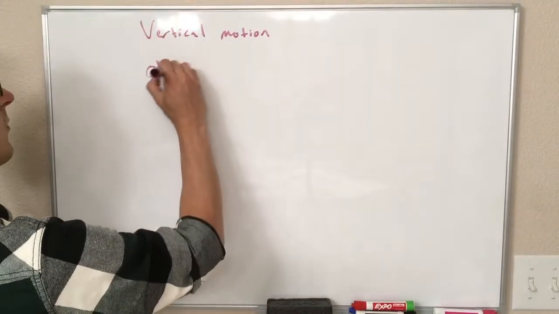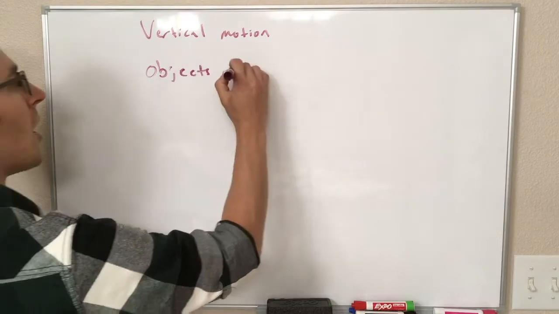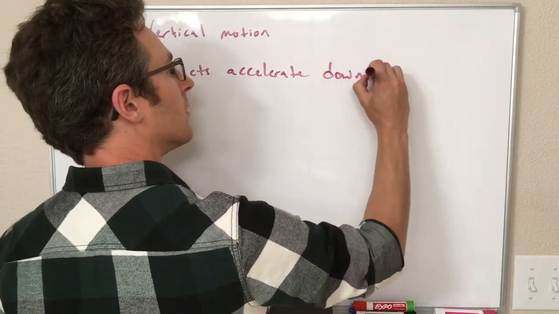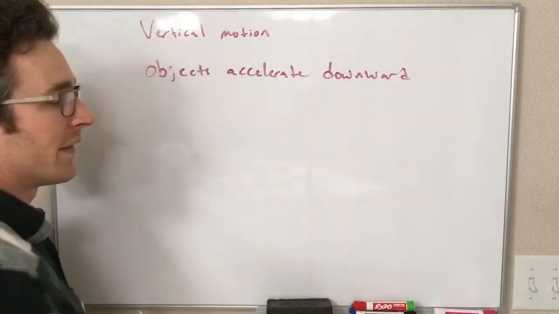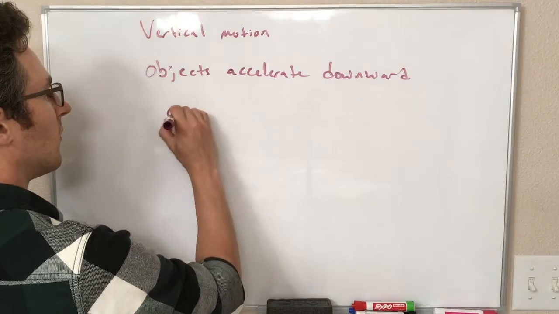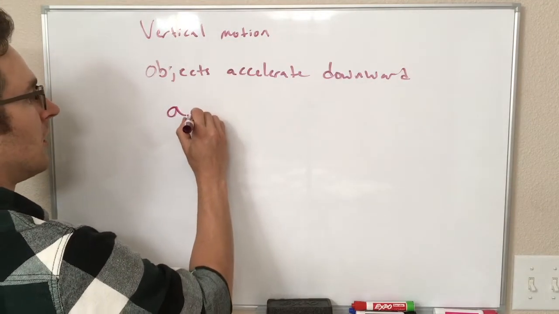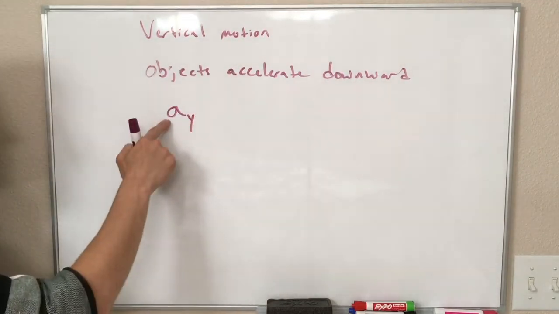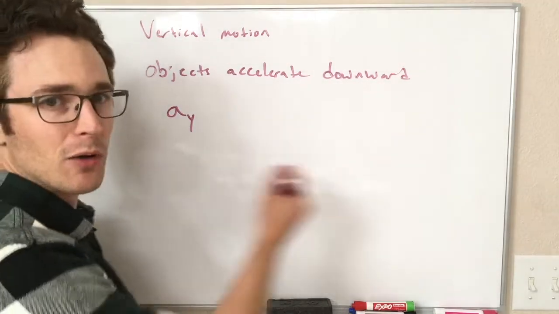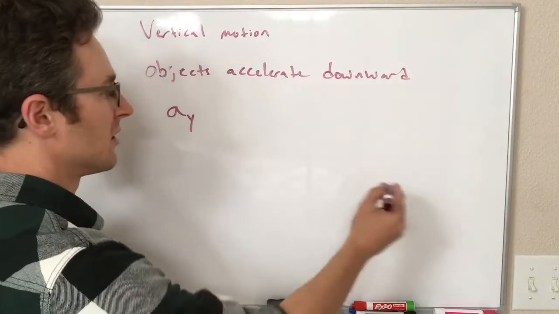So in general, objects accelerate downward, and they do so all at the same rate. So our acceleration in the y direction, so this is now a in the y direction, before we've been talking about motion in the x direction, so we have our x acceleration.